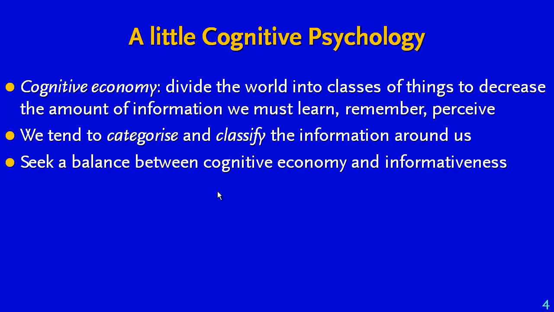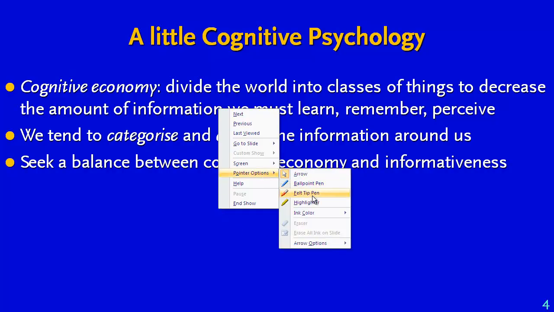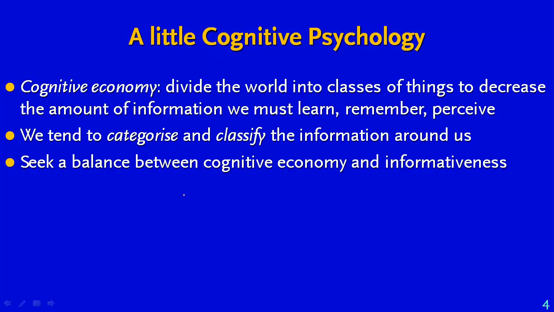So basically, let me draw a diagram here, just to motivate it conceptually, because we're in conceptual mode now. If I've got it at a very high level here, as I go down the hierarchies, whatever that might be, I get more and more information. I get to the level of objects eventually. So the very high level is very abstract, and at the very bottom we've got lots of information, but it's very concrete.